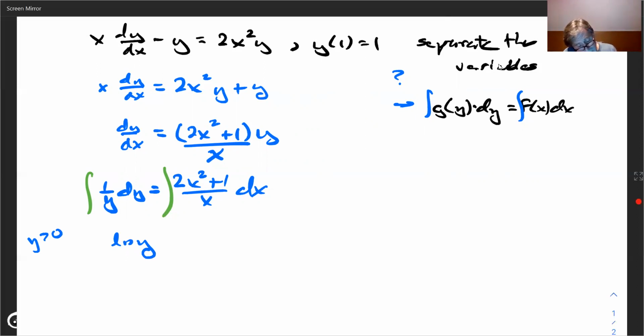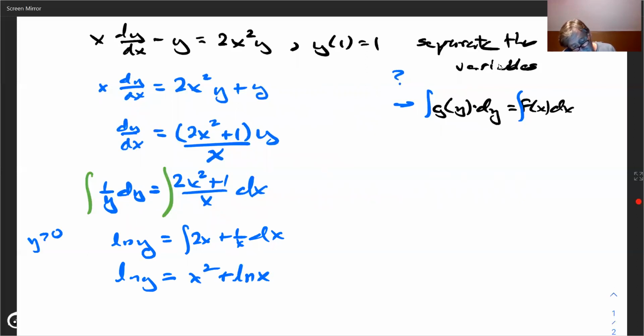The other side, I always trip up Calc 1 students with this one, and we really shouldn't. You're really looking at the integral of 2x plus 1 over x dx. I just split the powers, and I'm integrating, so we get the natural log of y is x squared plus the natural log of x. Now I'm going to assume that x is greater than 0 for this problem.